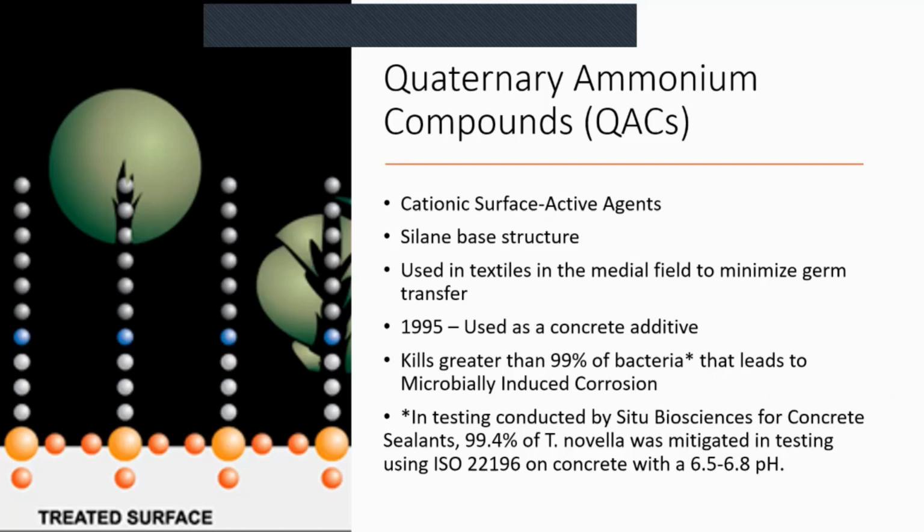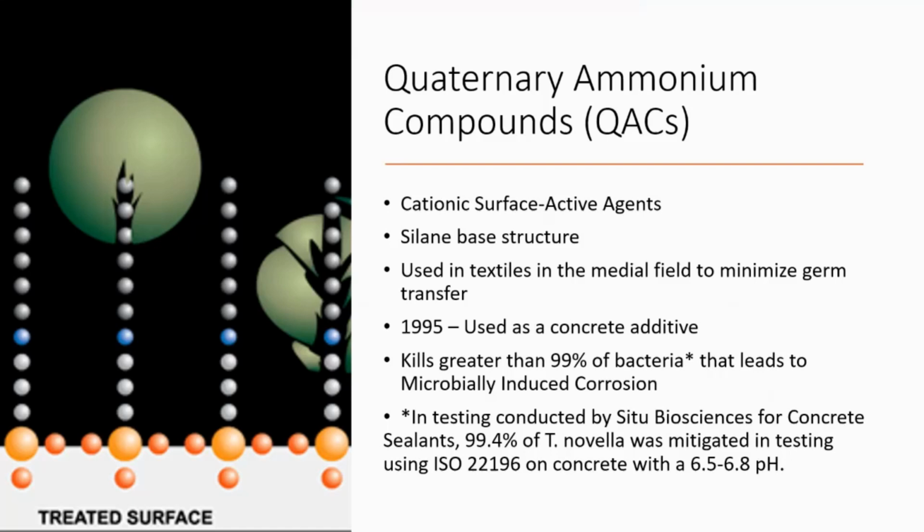That third type is what I'm going to focus on a little bit, and that's a quaternary ammonium compound. And these are cationic surface active agents. They have a silane structure at its base, and that silane structure is important because it creates a covalent bond that makes that molecule permanent to the structure. It bonds chemically, and it's not going to leach out or leave the system.